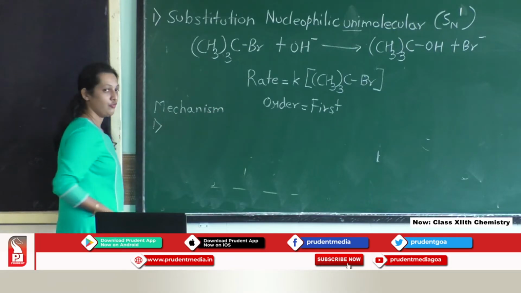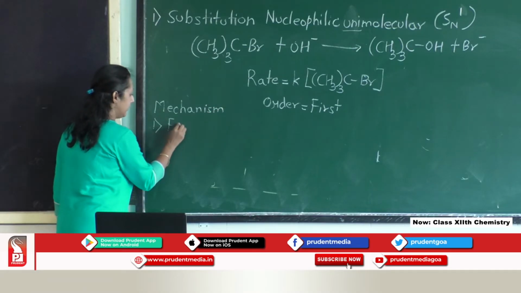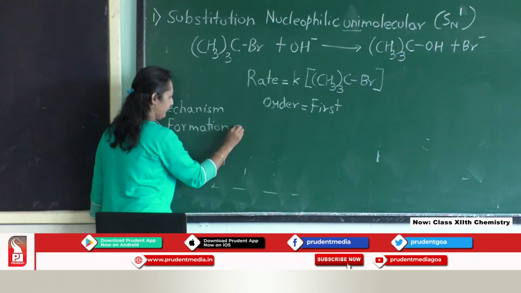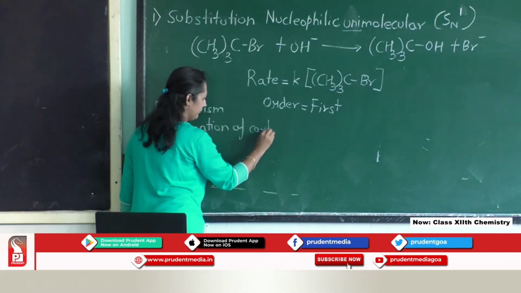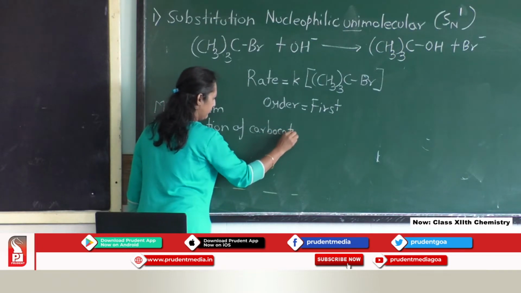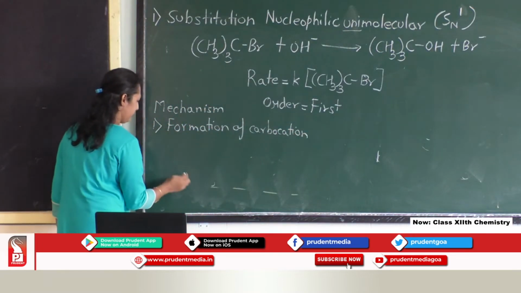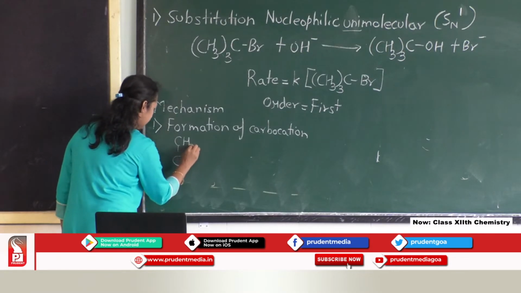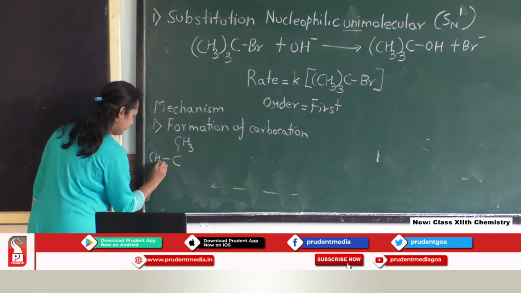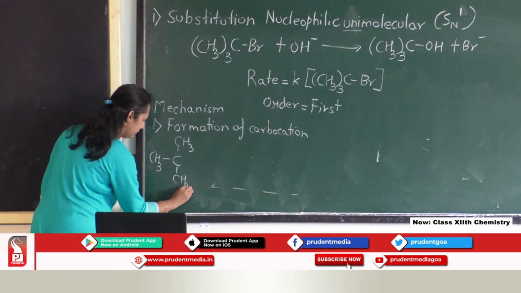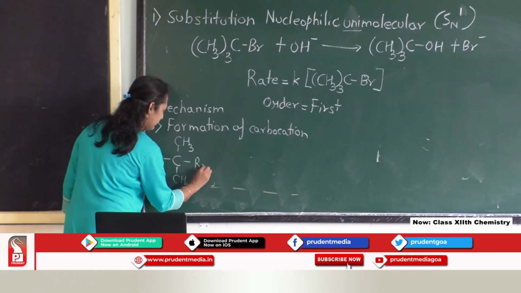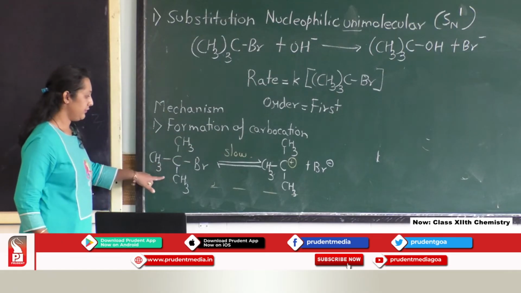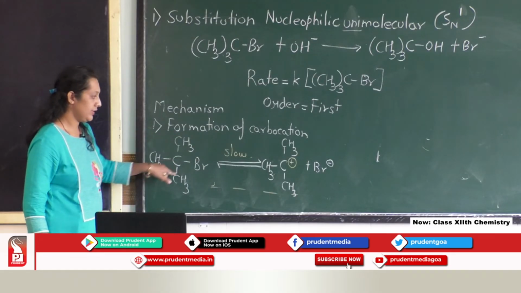Step 1, formation of carbocation. Formation of carbocation takes place when we take tertiary butyl bromide.